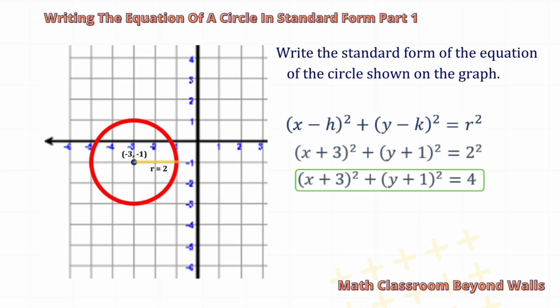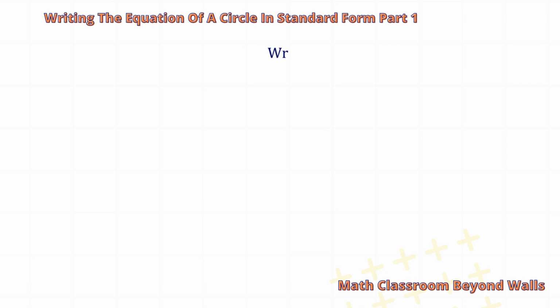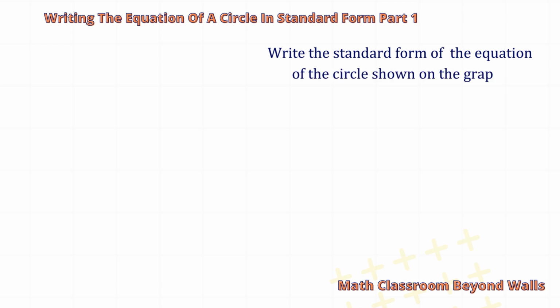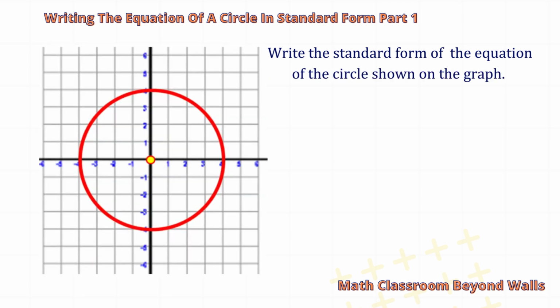Okay, let us work on example 3. The problem is, write the standard form of the equation of the circle shown on the graph. As usual, we need to locate the center (h, k). Where is the center of the circle? You are correct.